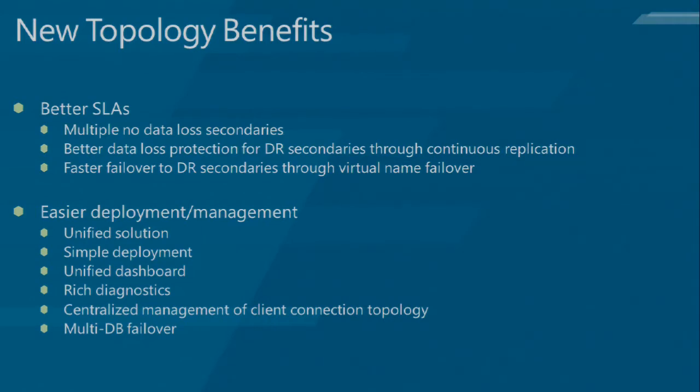We always recommend using availability group listeners, especially in cases where you have multiple secondaries. The failover partner connection string can only be used if you have only one secondary, and that secondary cannot be readable. Okay? That's why we recommend always using availability group listeners.